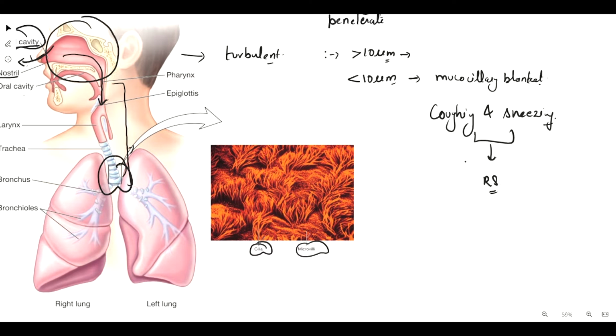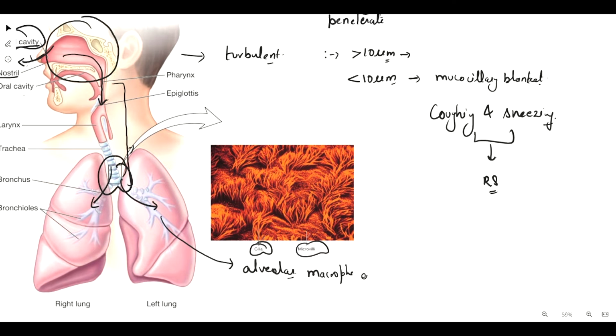But anyhow, if the pathogenic microbe reaches the lungs, the lowermost region of your respiratory system, the pathogen encounters a specific type of macrophages known as alveolar macrophages, right?